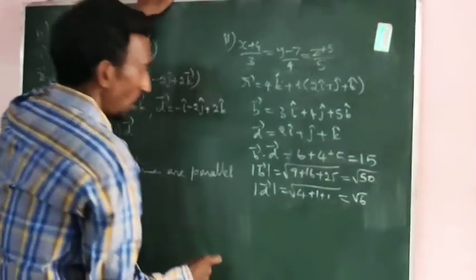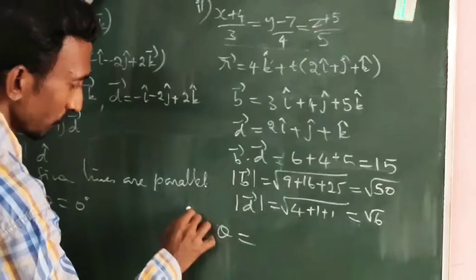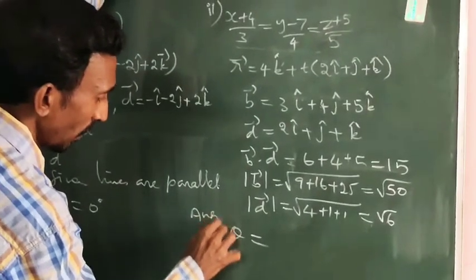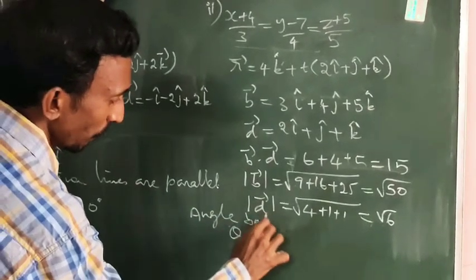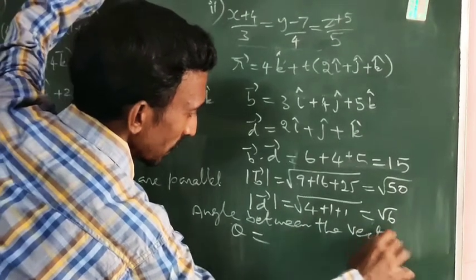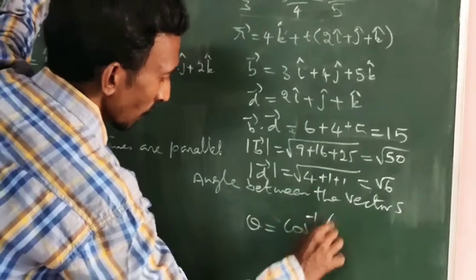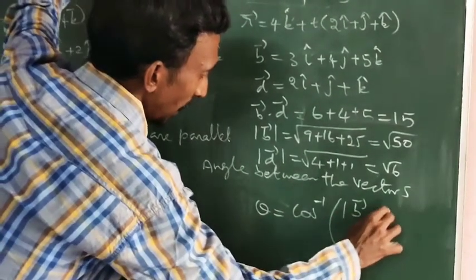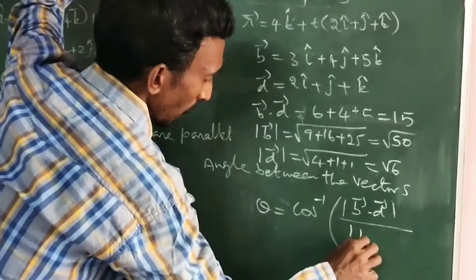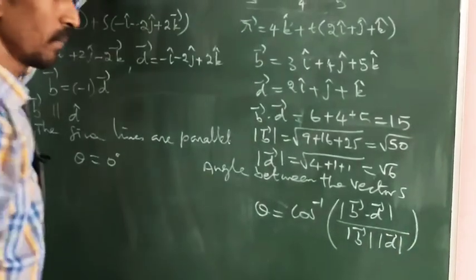So here the formula for the angle theta between the vectors: theta equal to cos inverse of modulus of b vector dot d vector by modulus of b into modulus of d.